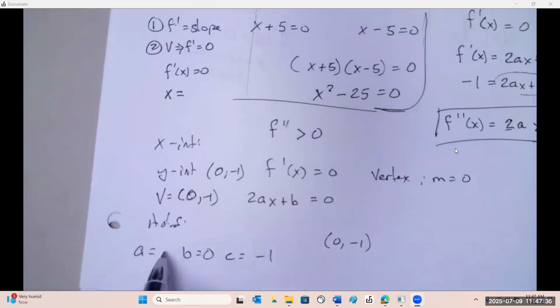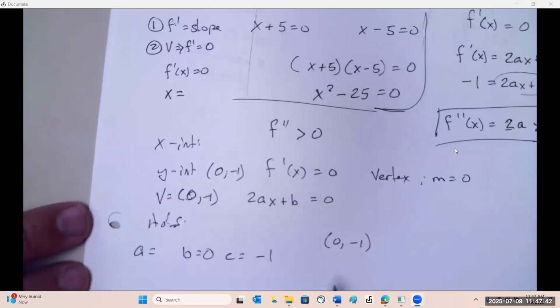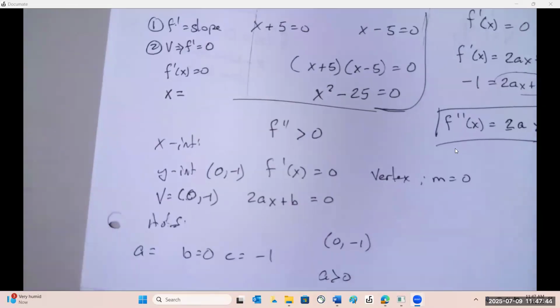So the problem now comes, what is my a value? Well, we know it's positive. How do we know it's positive? Because it opens upwards. We just need a value. So how do we find that?